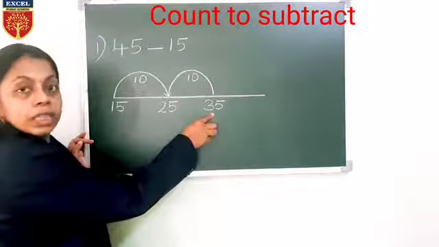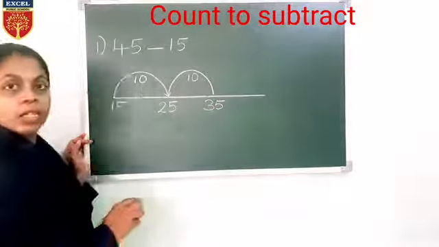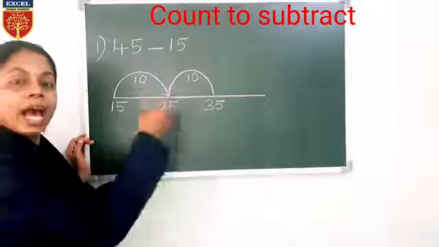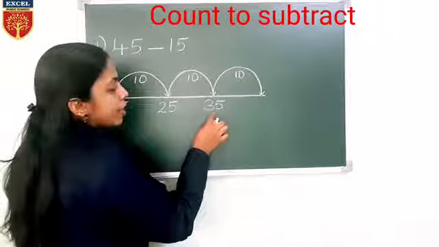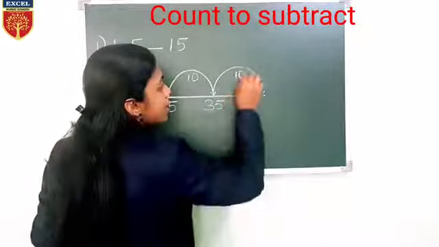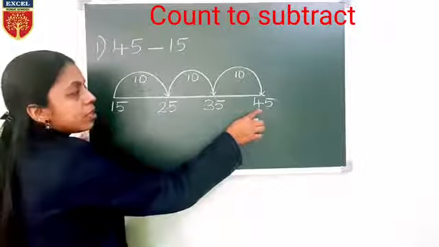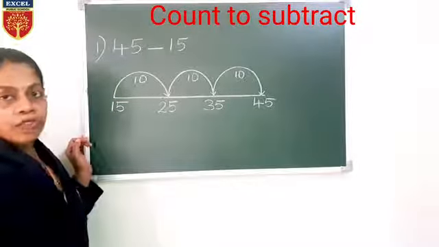Now we are on 35. So we need to jump till 45, right? So one more jump. Again add 10. When you add 10 to this 35, you will get 45. 35 plus 10, 45. Now we have reached on number 45.